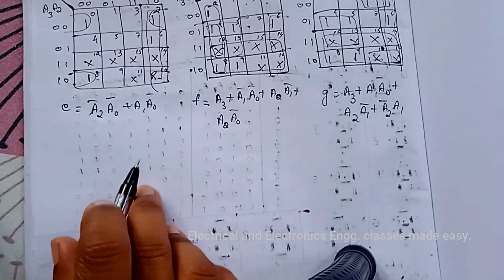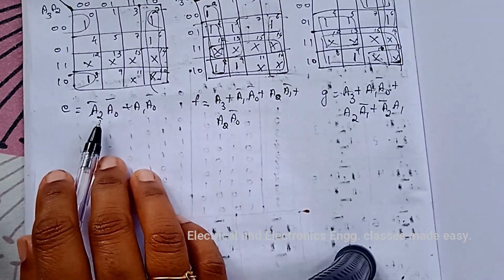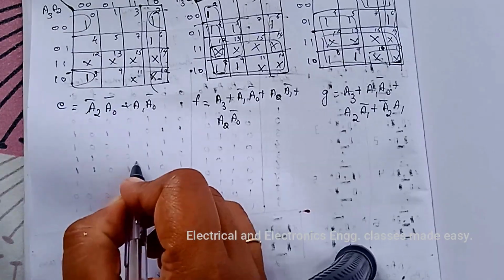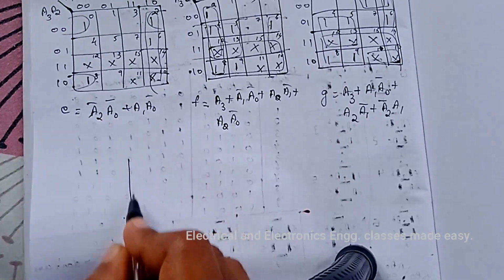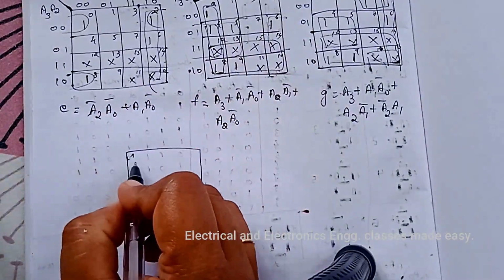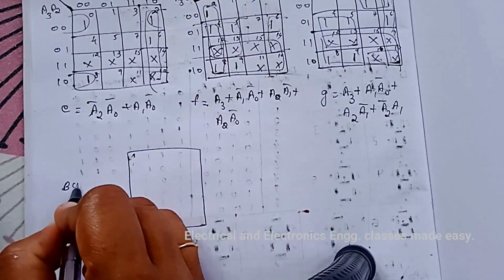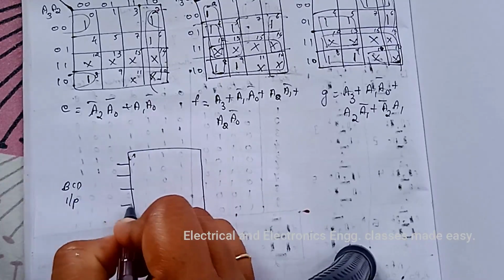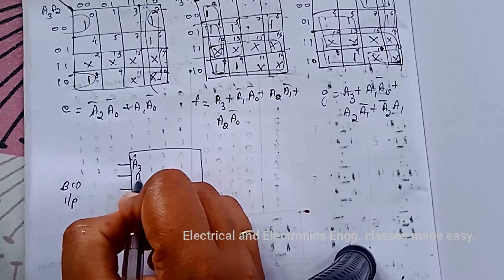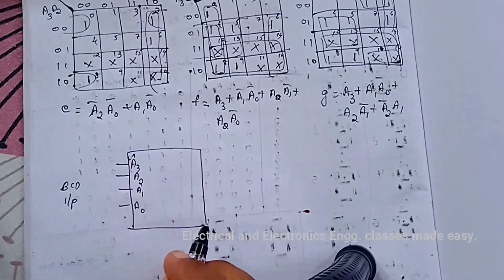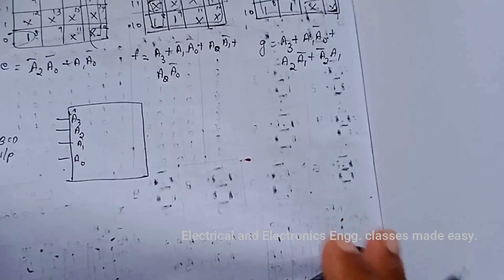So for drawing the logic circuit, either you can use the AOI logic, or simply we can draw like this, that is the BCD input A3, A2, A1, A0, and the 7 segment display.